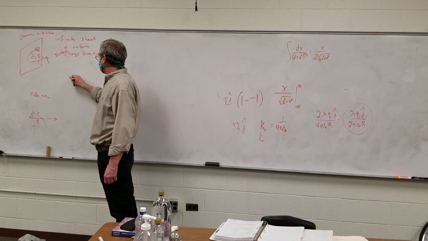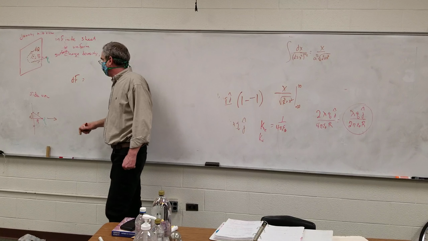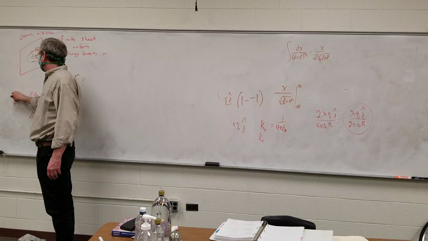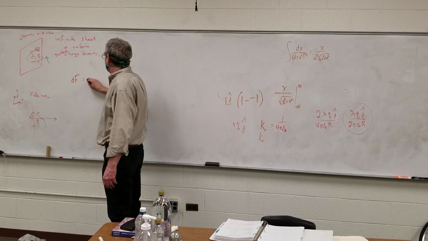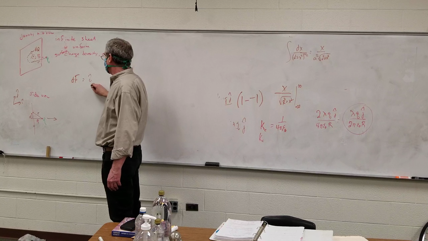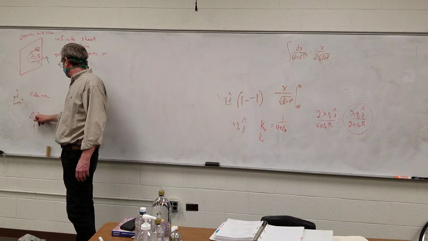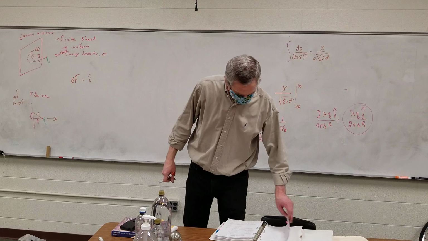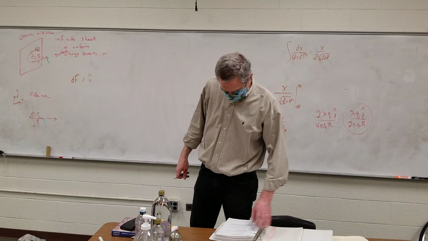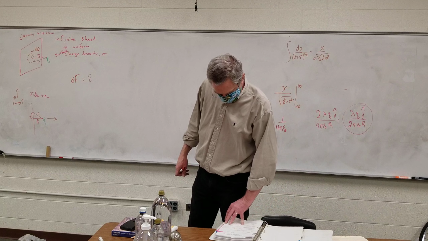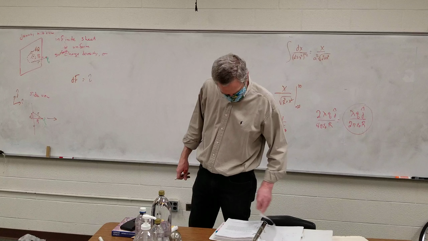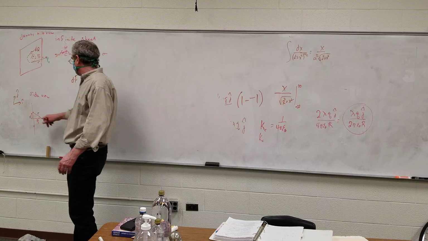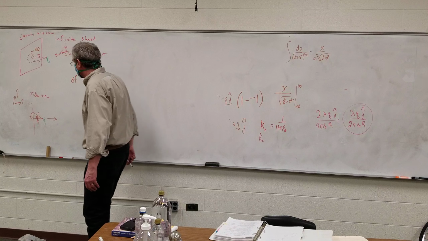And so the force that I care about is, oh, what the heck, i hat, j hat. I hat, I do need an angle in here. I want to make this angle, just to keep in sync with the notes, theta.